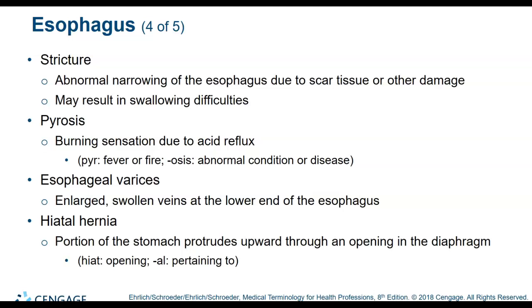Esophageal varices are just like a varicose vein, but in the esophagus. So you have those swollen veins. And the problem with that is if that swollen vein pops, you are going to have blood. People may cough that up, they may vomit that up, or even if they don't do that, that blood is going to be going into the stomach and being processed all the way through the digestive system.